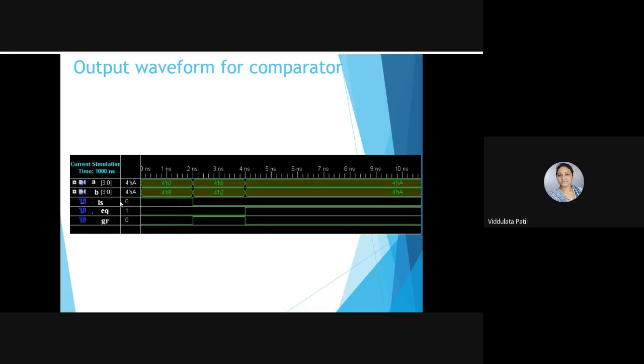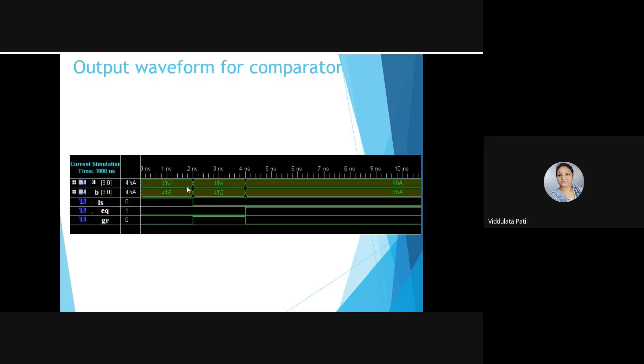In that case, as A is less than B, you will get LS that is 1, EQ that is 0 and GR that is also 0. So you can check this result: whenever A is 2 and B is 9, LS is 1, EQ is 0 and GR is 0.